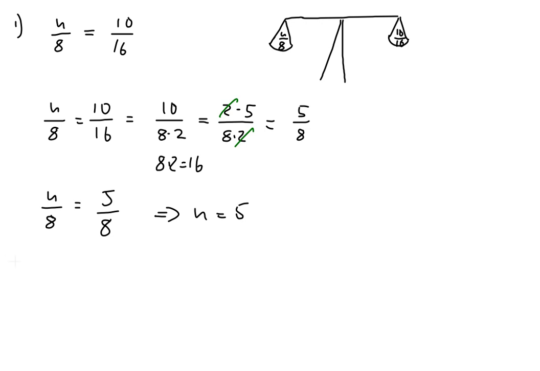So let's start with another exercise. It's called, let me have a look, it's number 6. I just use number 6. And it's n divided by 18 is 100 divided by 36. Okay, so what can we do?